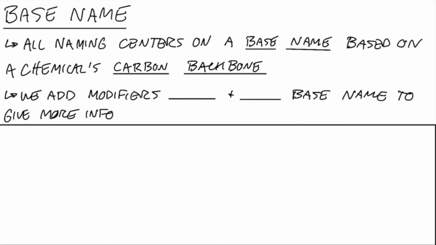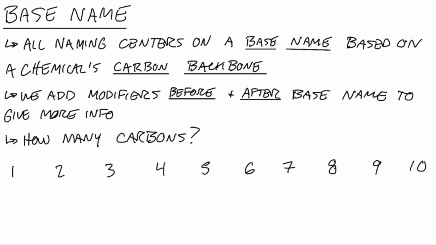That's a metaphorical backbone, but kind of the big spine of the piece that gives the structure to the compound. And then we're going to add some modifiers to that to explain what else is going on. So we add modifiers both before and after that base name, and that'll give us more info on the other stuff that's going on in a chemical.